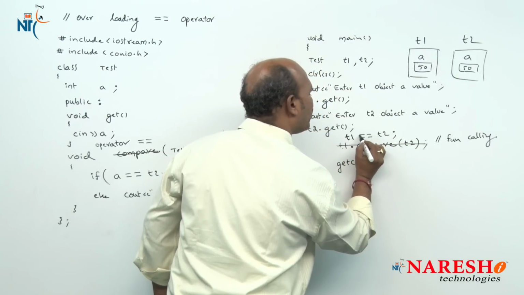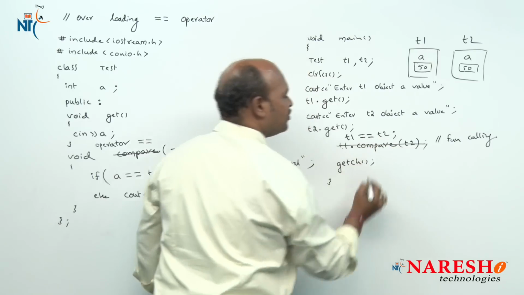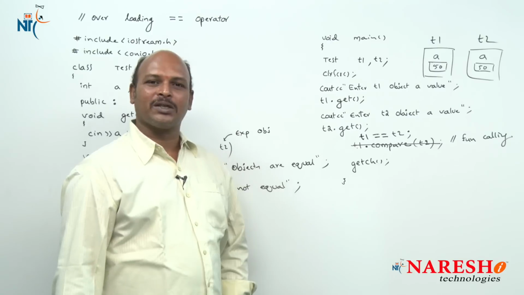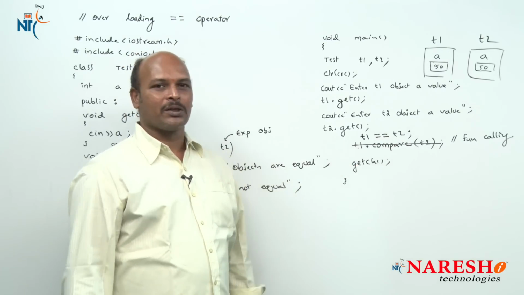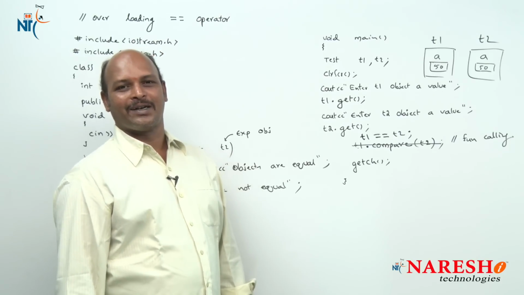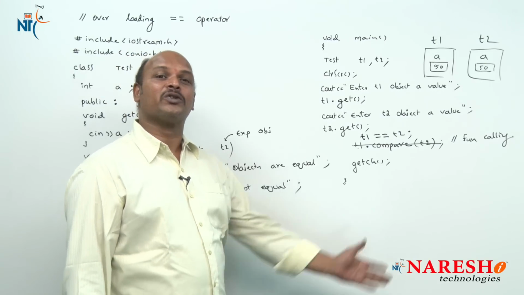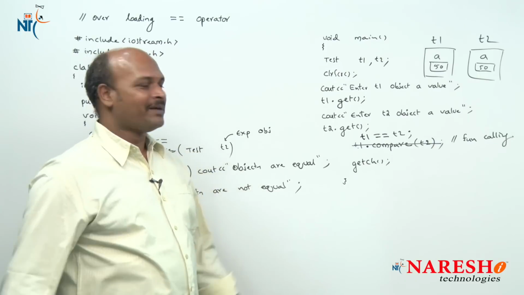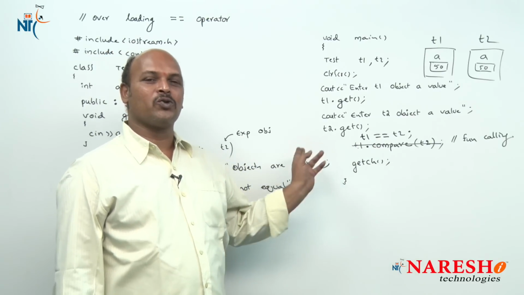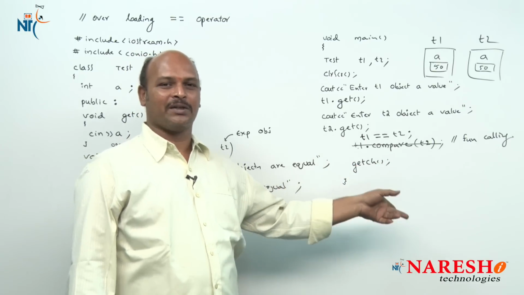Just watch this example. T1 is an object, T2 is an object, and equal is an operator. T1 and T2 are user defined. Now what happened? The equal operator is working on user defined data types also.